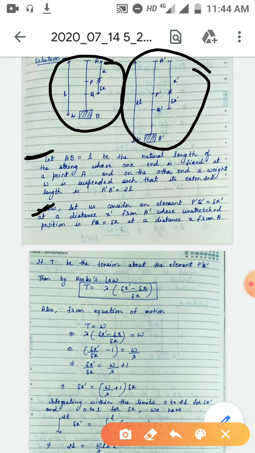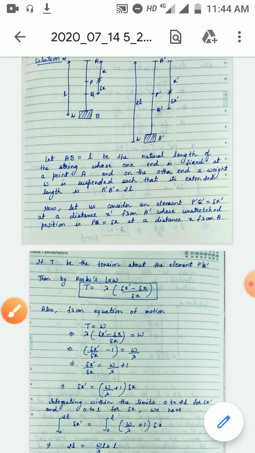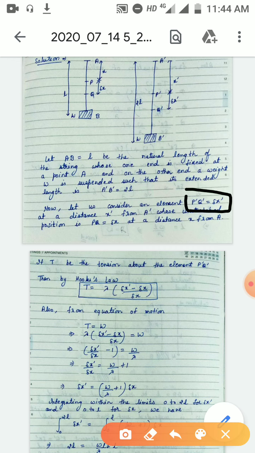Now let us consider the element P dash Q dash. P dash Q dash is equal to delta x dash.